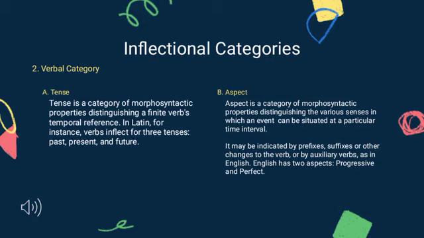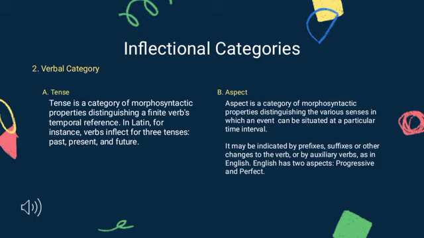English has two aspects. They are progressive and perfect. Progressive is an event that is continually unfolding in time. Progressive uses is, am, are, was, were, followed by the affix -ing. For example, he is jumping or we are watching a movie.